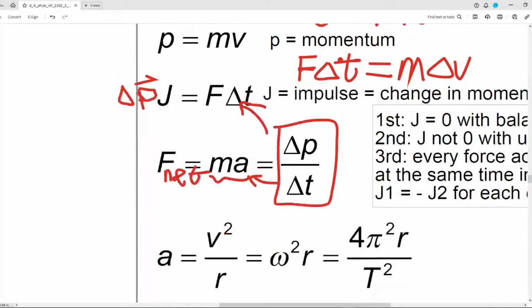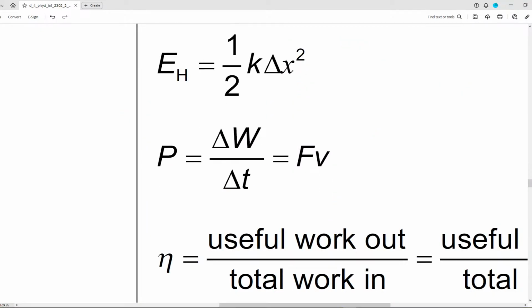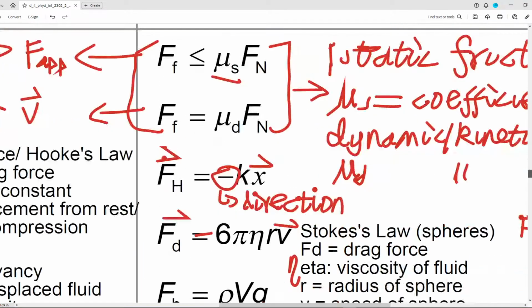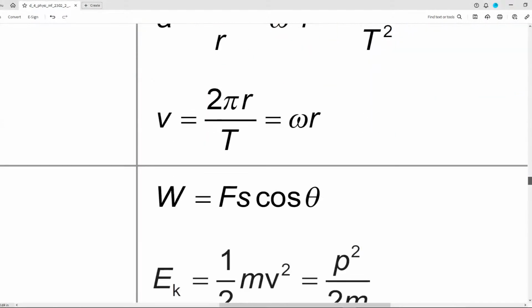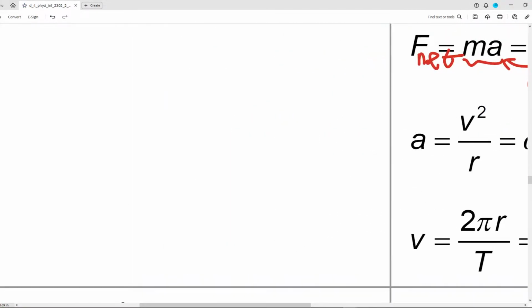Last is my personal, I must say, favorite. Oh, scrolled too far. Go back. All right, circular motion. Let me type it out. Last bunch here, circular motion.